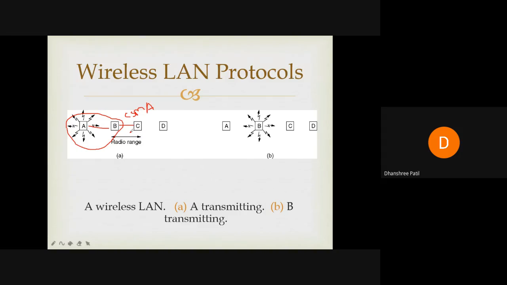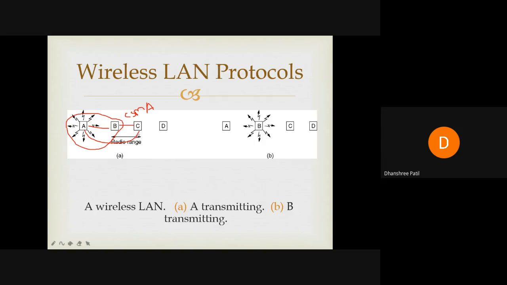So C will come to know that I can send the frame, so C will start sending the frame. Unless and until the frame reaches B, C is not aware of A, as A is too far from C. Okay, meaning A is not in the range of C.